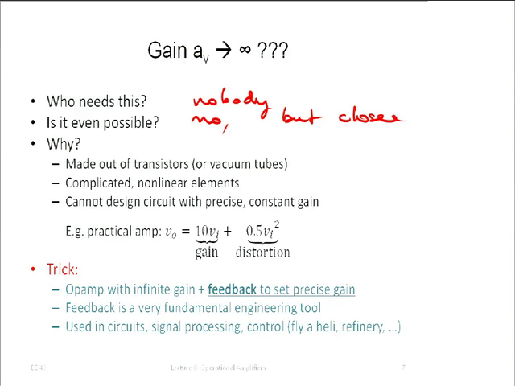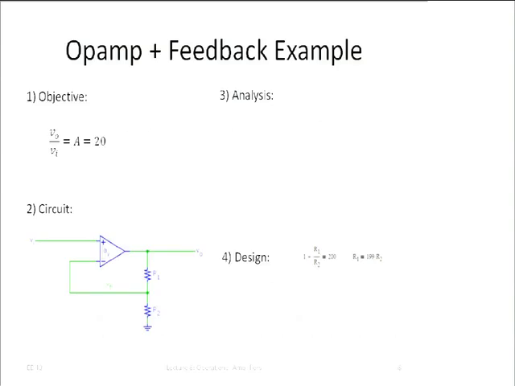If you're interested in controls, and we have several courses on that, they also use feedback, for example, to fly a heli automatically. Anybody who tries to fly one crashes right away. But if you build a feedback controller, you can make them stable. If you want to control an entire refinery, what are you going to use? Well, feedback. It's a very universal technique, very important. Okay, so we are going to use it here.